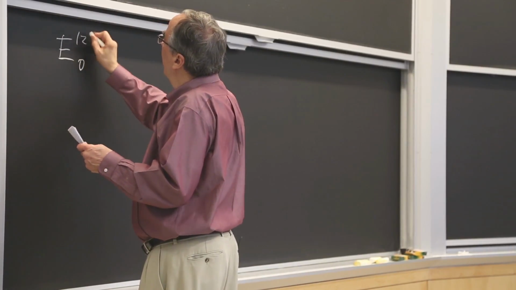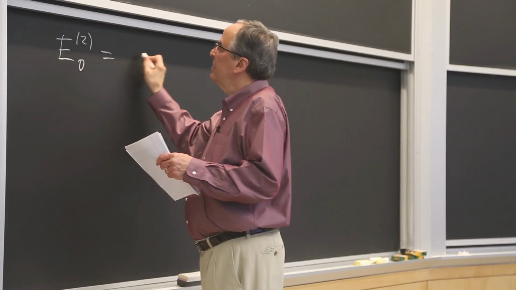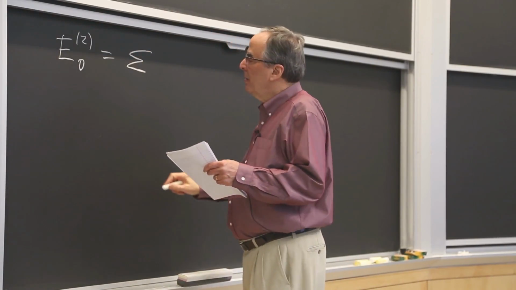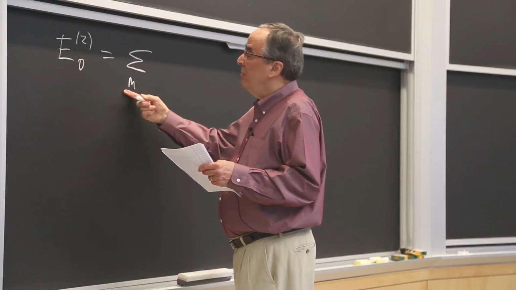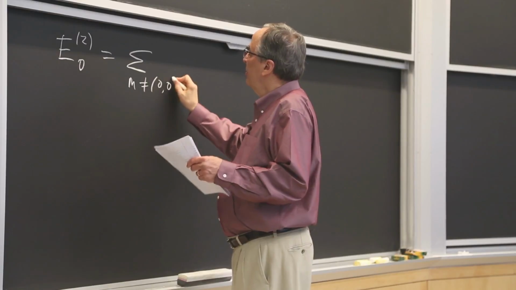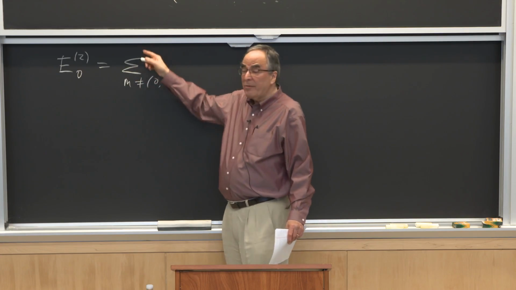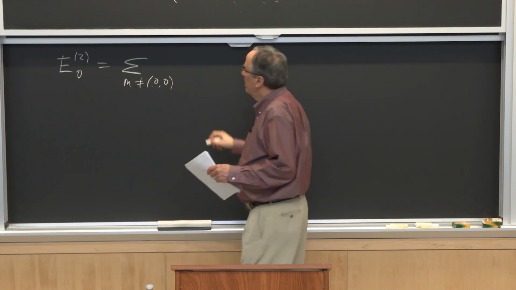For the second order correction to the lowest energy level, we have the sum over m, which is two quantum numbers, and m is not equal to the 0, 0 state. Alpha is not 0, beta is not 0. Sum over everything except the ground state.